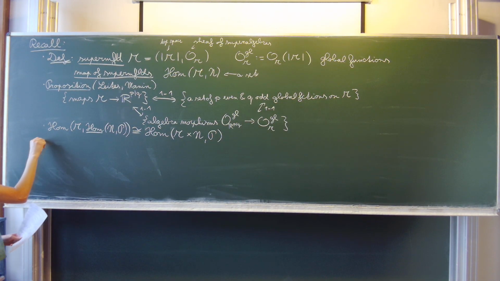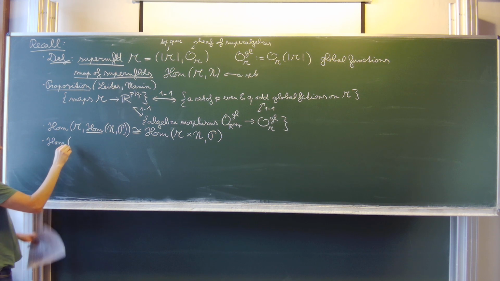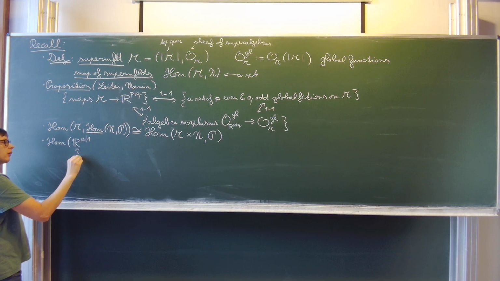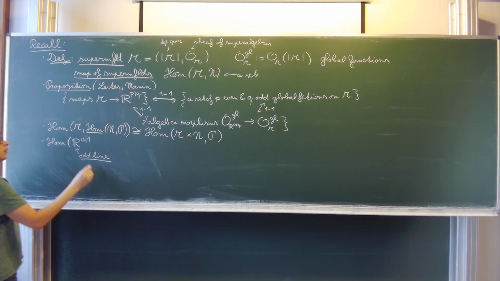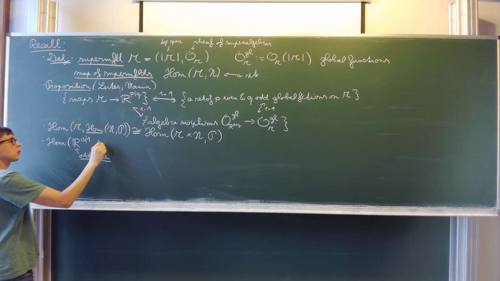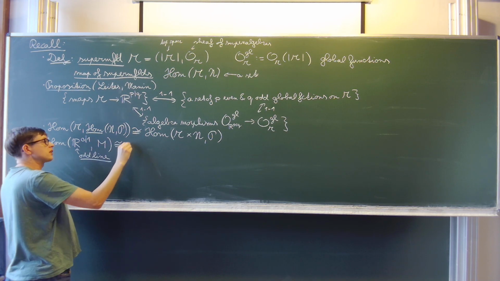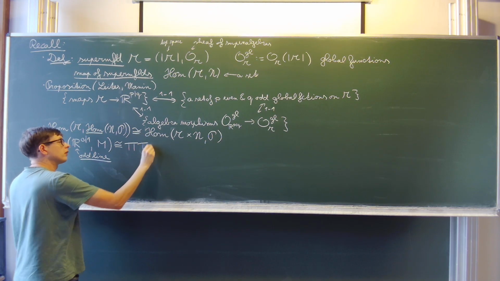And as an example, we discussed that when you study maps from the odd line, I think we didn't call it like that, but this is the odd line, into an ordinary manifold, that's what I mean by not curly, then this can be identified with a shifted tangent bundle to that manifold.